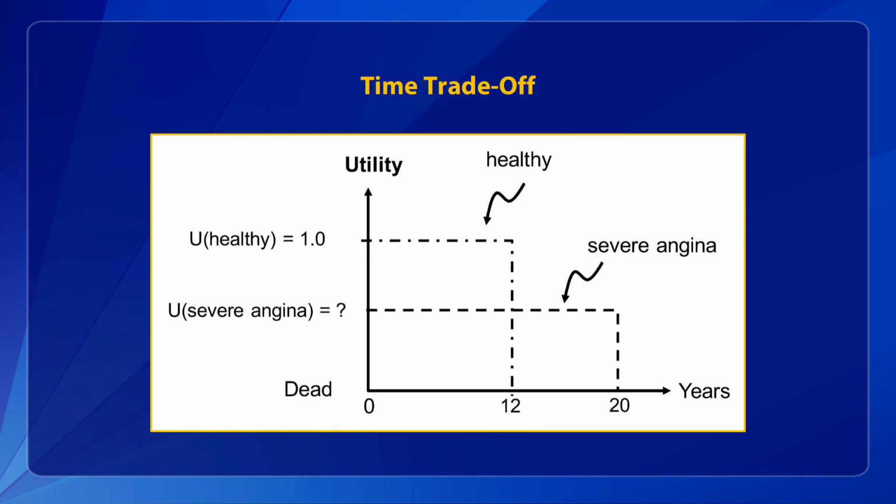Imagine that your remaining life expectancy is 20 years and you have severe angina. How much of your remaining life expectancy would you give up to eliminate your severe angina so that you have perfect health? The number of years you would give up divided by the remaining life expectancy and subtracted from 1 represents the utility associated with severe angina.